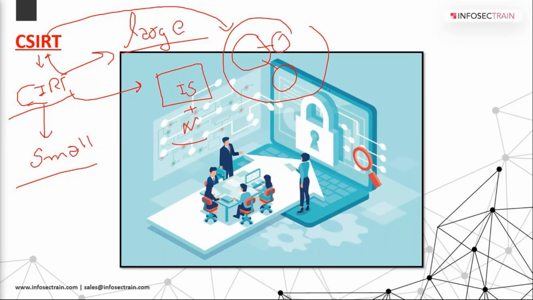Fine. So the scope of its protection is not limited to a single organization. It is broader than that. It goes beyond the organization, and multiple companies can come under it. That's CSIRT.